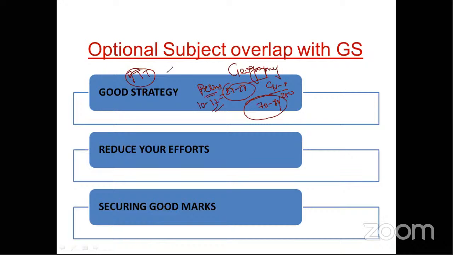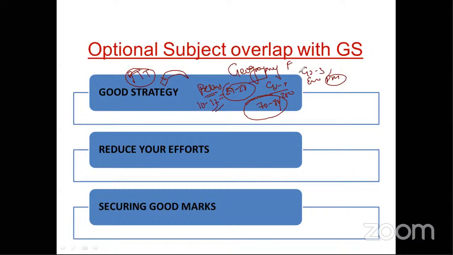Not only in GS paper 1, in GS paper 3 you know that environment is one topic and disaster management is one topic. If you know the geophysical phenomena, the reason behind floods, earthquakes, cyclones, tsunamis, these are important geophysical phenomena that cause disasters in our country. So obviously you will already know half of the information very well. If you know the reason behind the occurrence of any of these, then you can manage very easily.